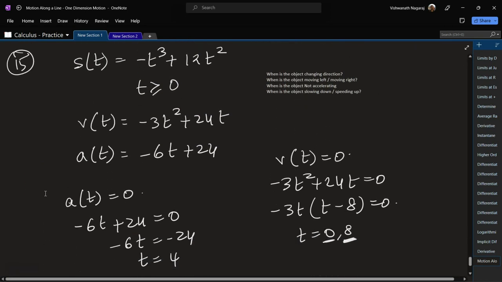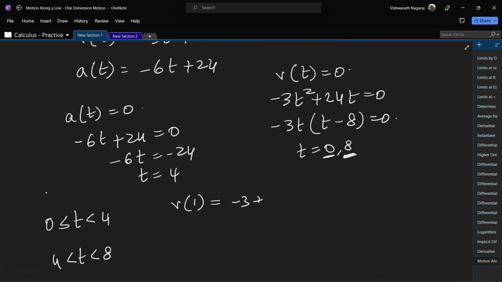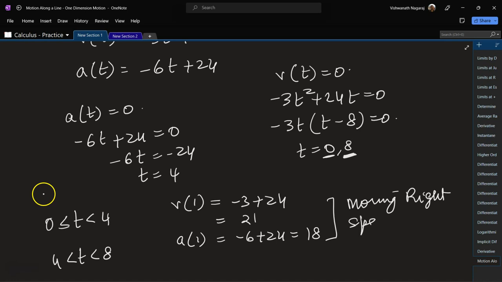Minus 3 plus 24, which is equal to 21. A of 1 is equal to minus 6 plus 24, which is 18. Both are positive. Velocity is positive. So moving right and speeding up.